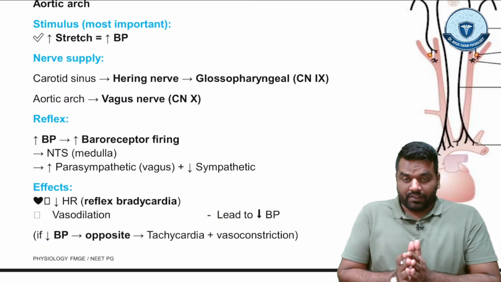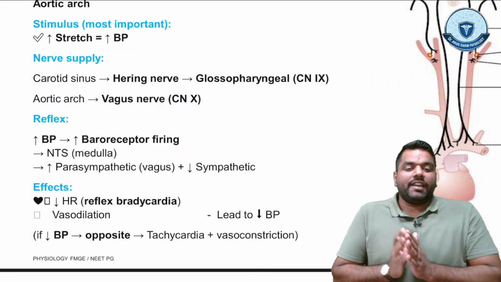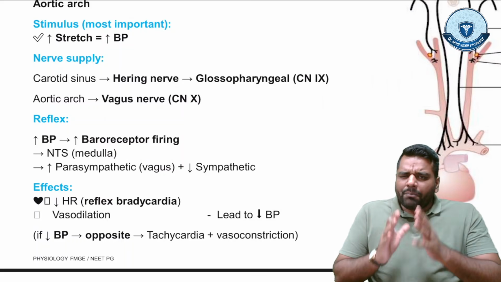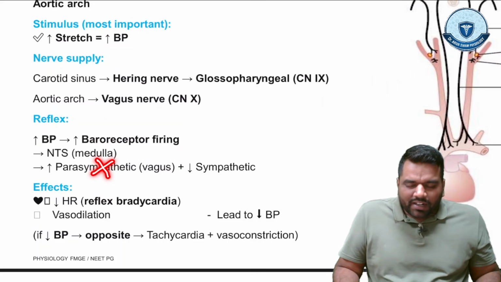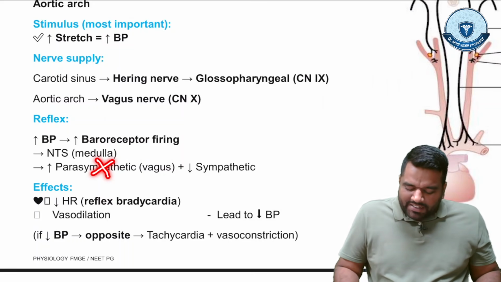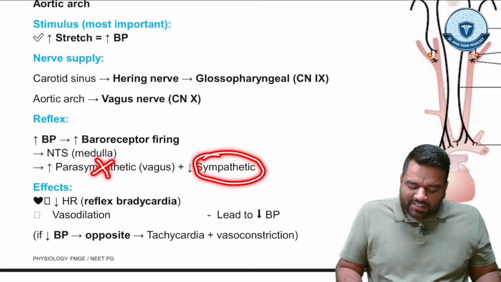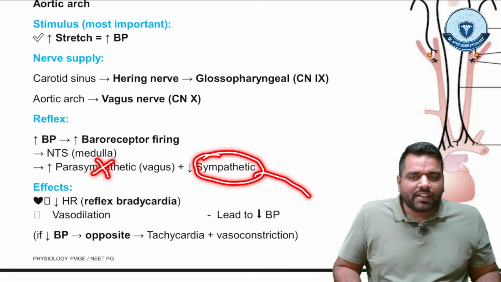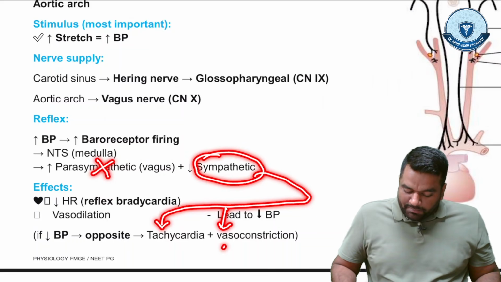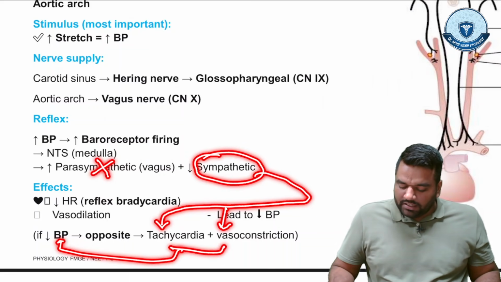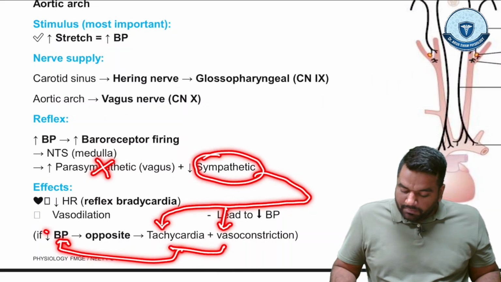Guys, if the baroreceptor stops firing, what will happen? If the baroreceptor stops firing, the parasympathetic stimulation will stop, and who will be activated? The sympathetic will be activated, and if the sympathetic is activated, guys, what will happen? There will be tachycardia and vasoconstriction, ultimately leading to increased BP, right?